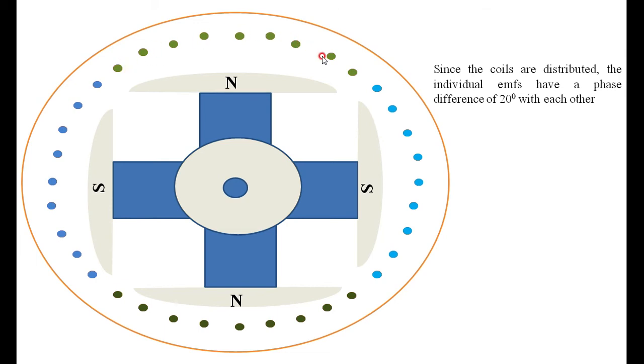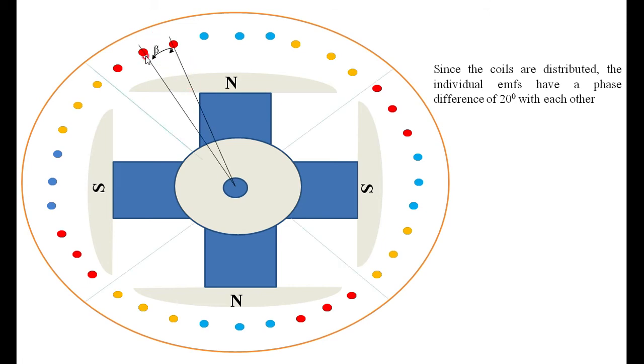Out of these 9 slots, 3 are for R, 3 are for Y, 3 are for B. In the previous case, you had only one slot for R, one slot for Y, one slot for B. But in this case, the coils of one particular phase are spread over different slots. These are the different slots assigned for R phase, B phase and Y phase. The conductors of one particular phase are distributed in different slots, and it is called a distributed winding.